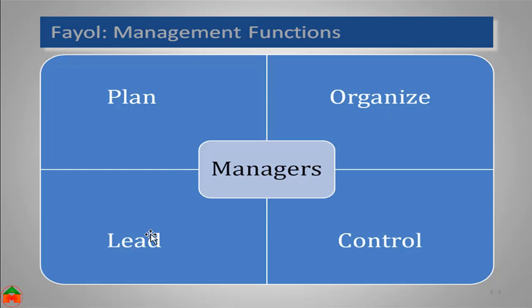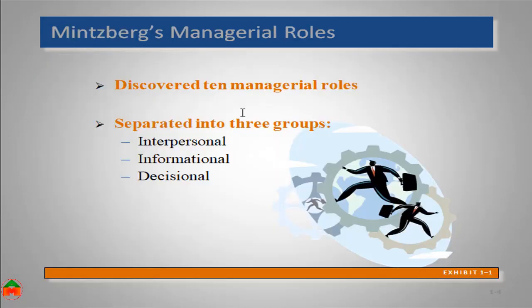And as a manager, you should be a leader to lead the employees, to motivate the employees, to control the employees, to influence the employees. And during the leading, you have to control the activities so that the employees are working to achieve the goals of the organization.